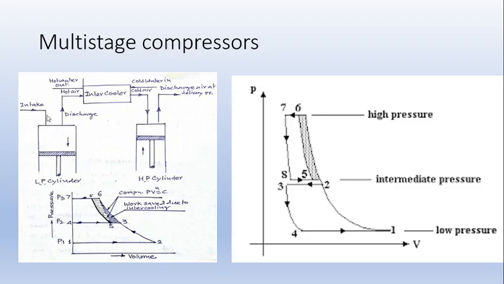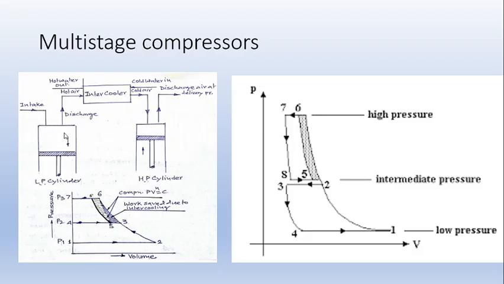The fresh air is sucked from the atmosphere into the low pressure cylinder during its suction stroke, at intake pressure P1 and temperature T1.